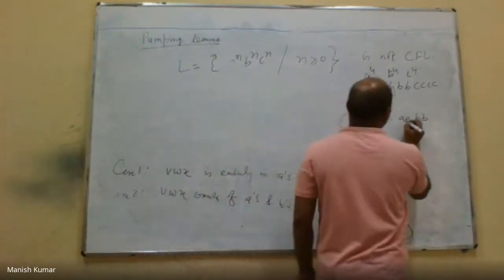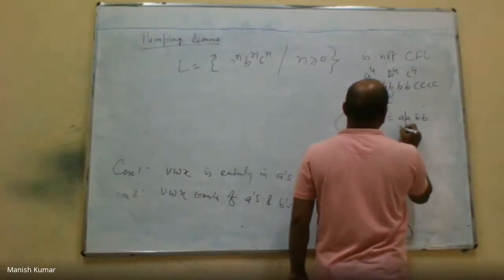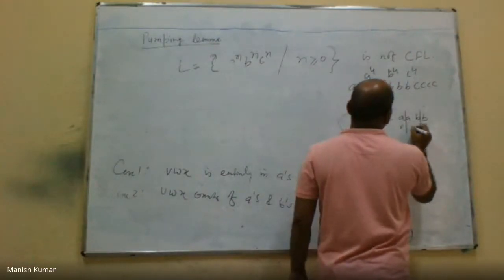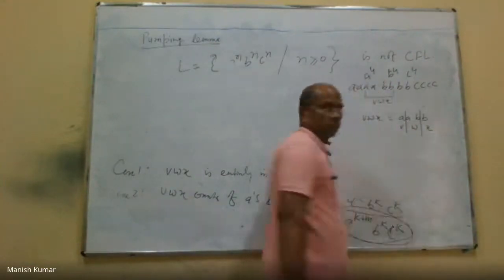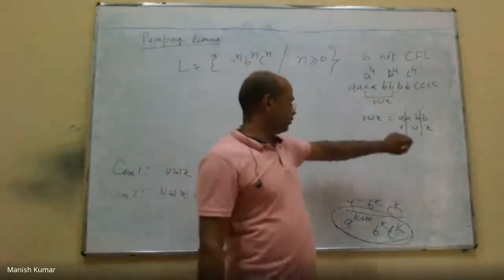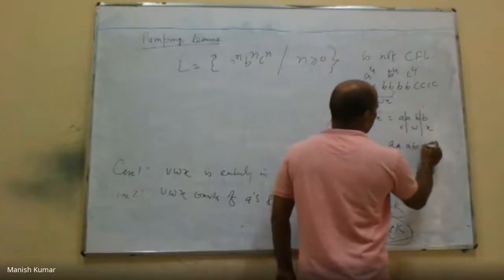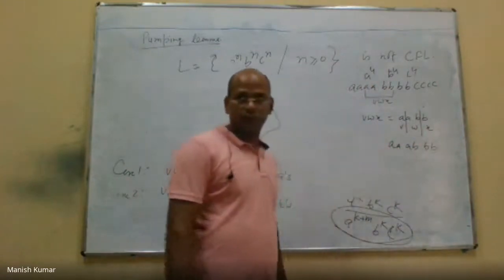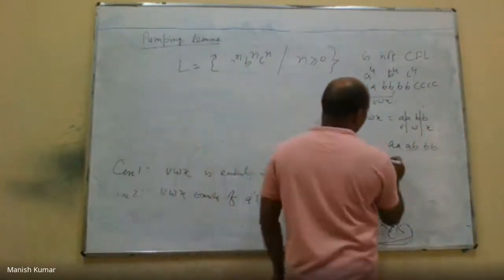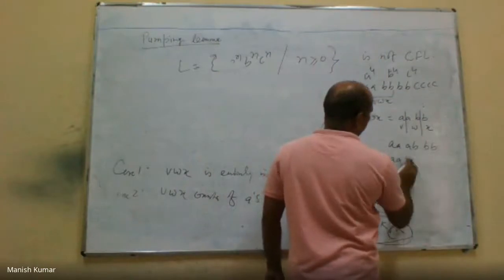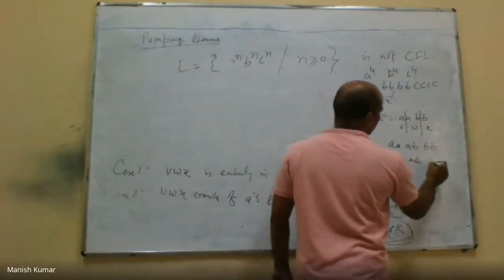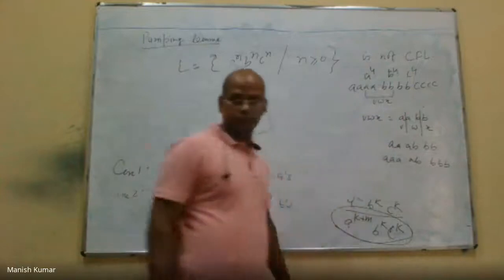If I specifically define that this is V, this is W and this is X, then by pumping V and X, what will happen is AAABBB. Again, if I pump, then AAAABBBB, this will happen.